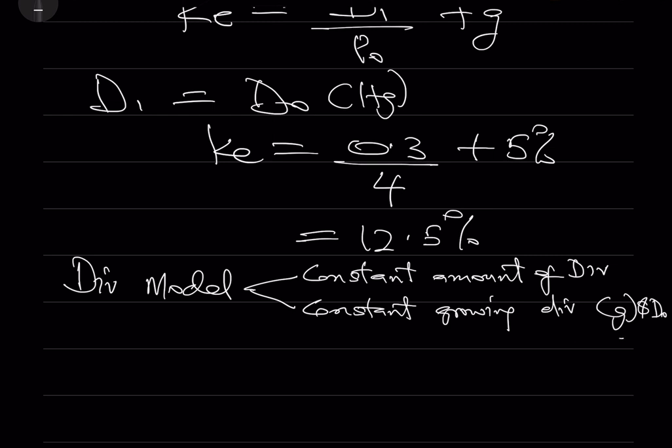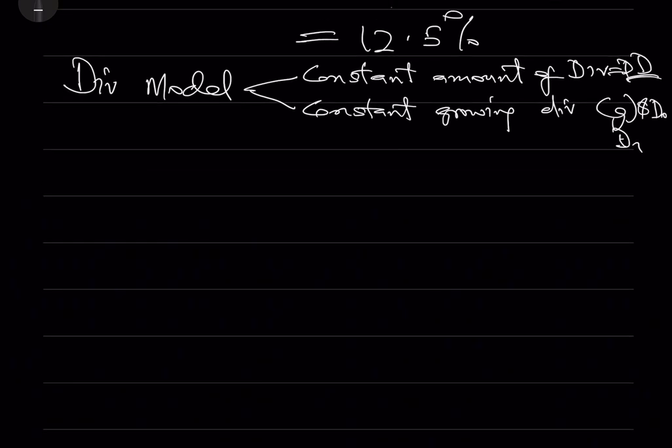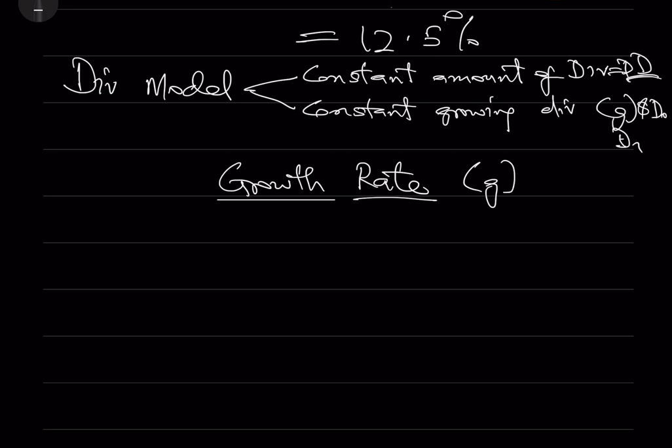Or sometimes they will give you D1. But here you only have D that will be paid every year to eternity. Now let's learn how to calculate G, the growth rate.